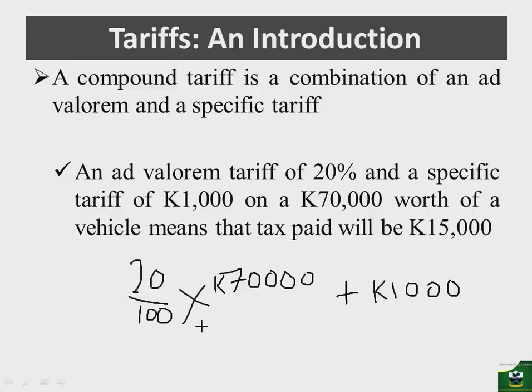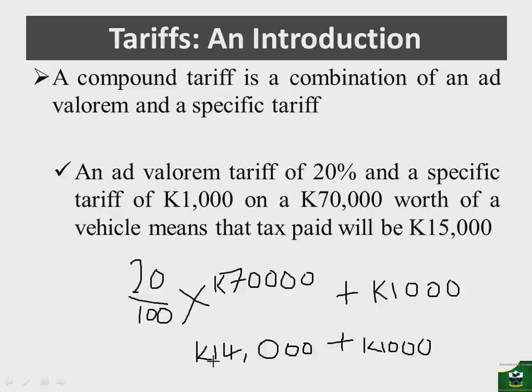Here we get 14,000 kwacha, which we got in our first example when we looked at ad valorem tariffs, and then the 1,000 kwacha, since this 1,000 is fixed.